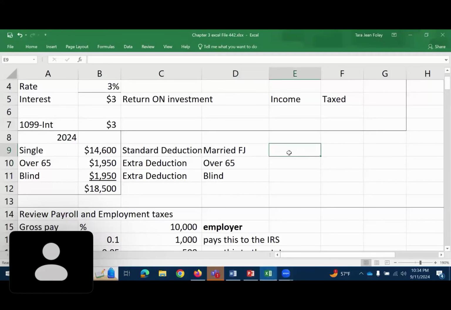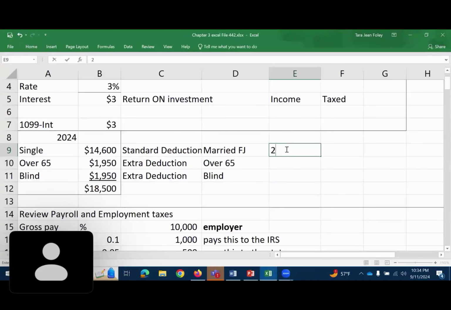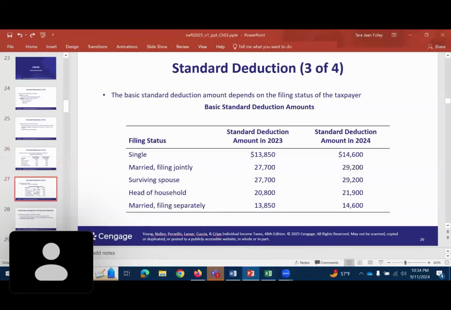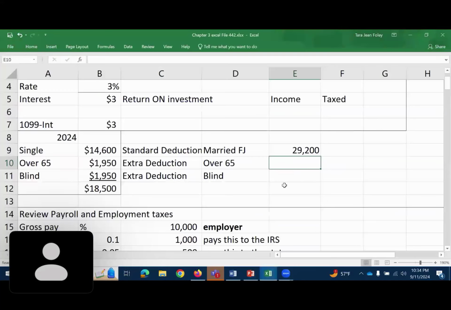All right. So welcome back. So married filing jointly is 29,200. Over 65, married filing jointly is 1,550. Same thing for here.